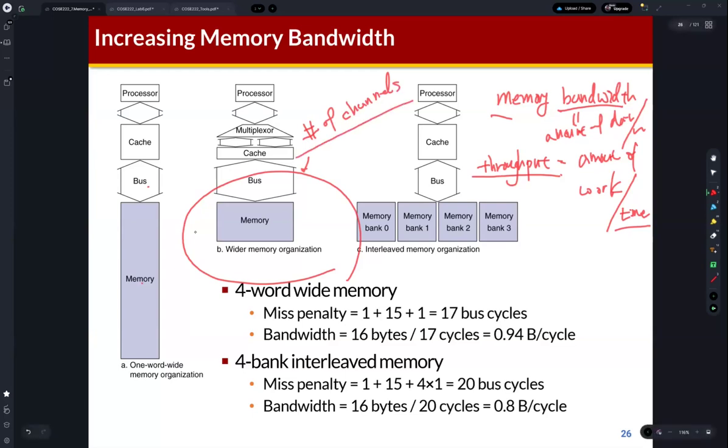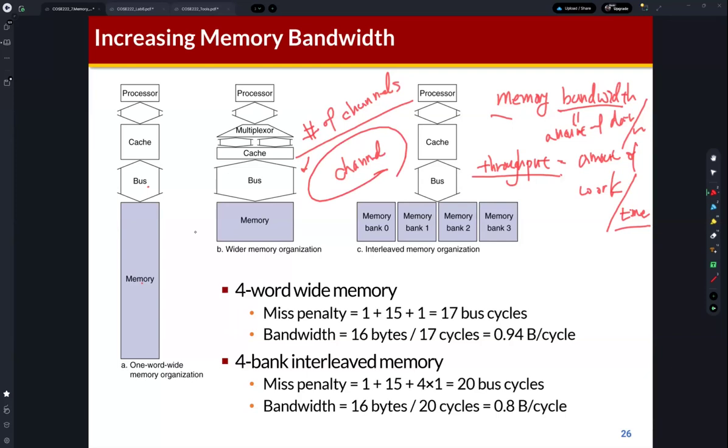So what is a channel? In communication, we frequently use the word channel, right? A channel is a medium for communication, for data transfer. Using this memory channel, the data can be transferred to the memory. Also, the data can be transferred from the memory using the memory channel.